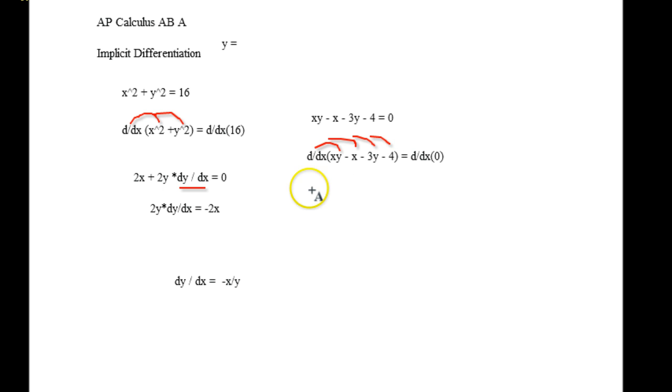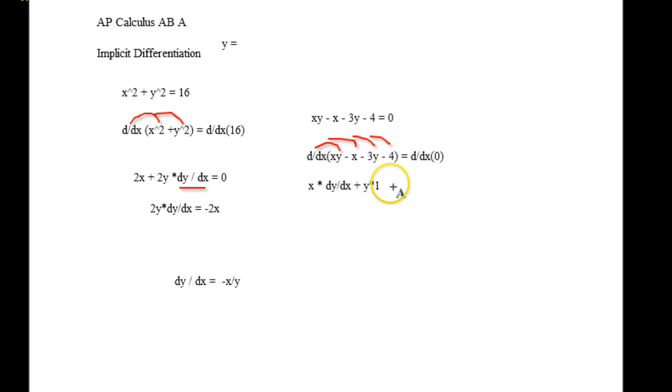Alright, so the product rule is going to be the derivative of the second times the first, so it's going to be x times dy/dx, derivative with respect to y, plus the second function, which is y, times the first derivative, which is 1.